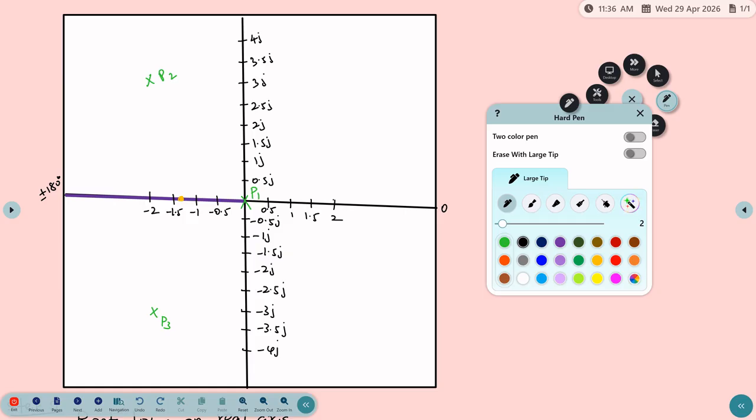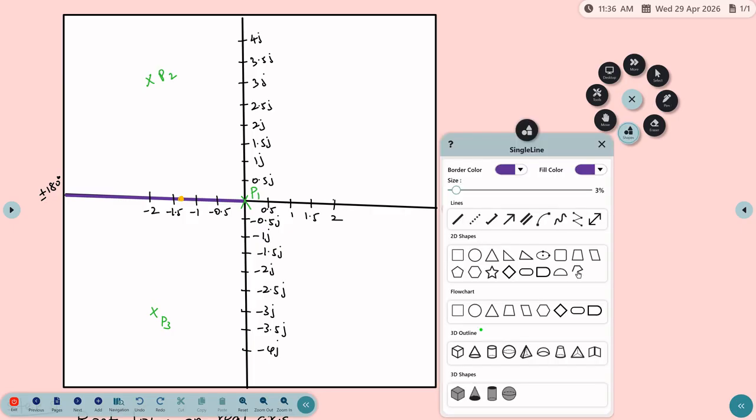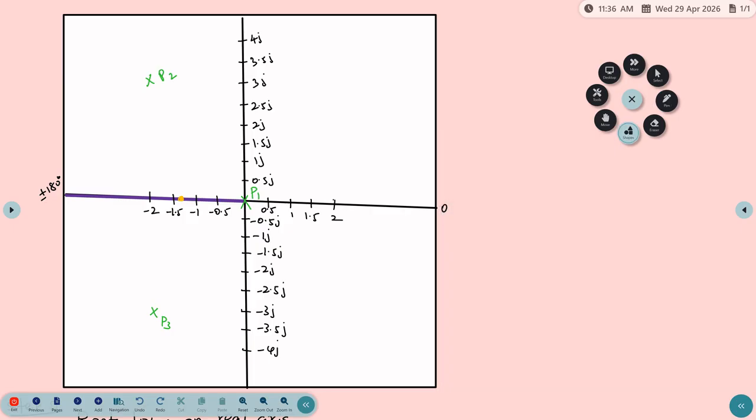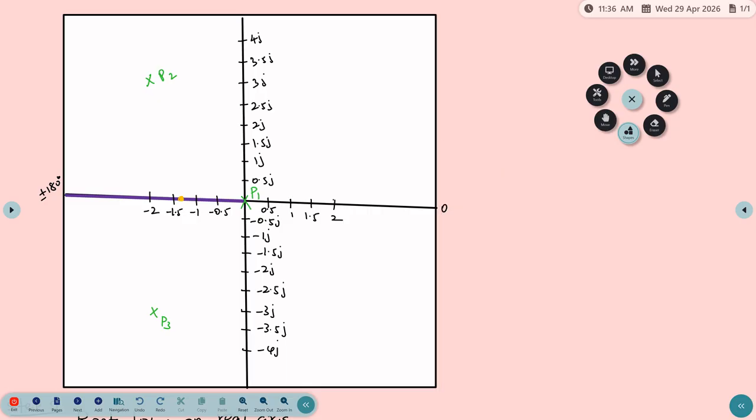So for that, the concept is very simple. So we should mark that plus or minus 60 degree from the centroid.